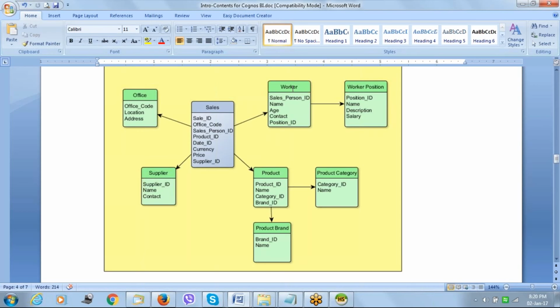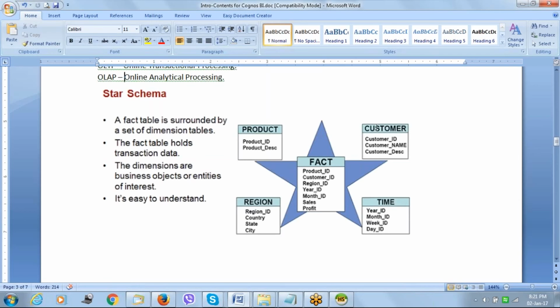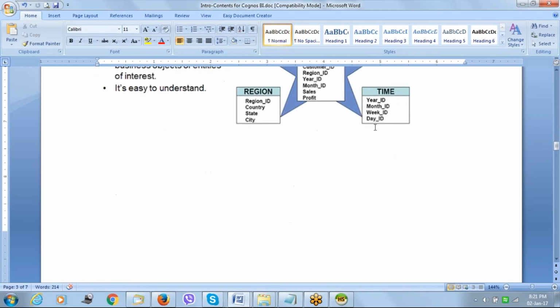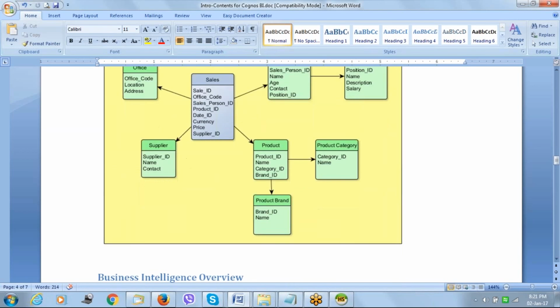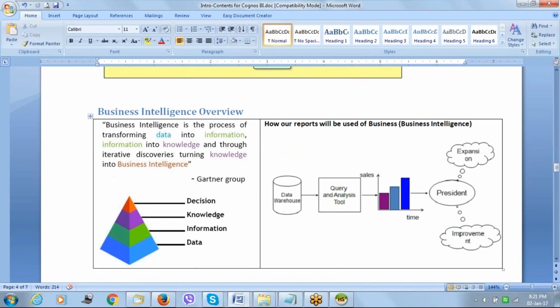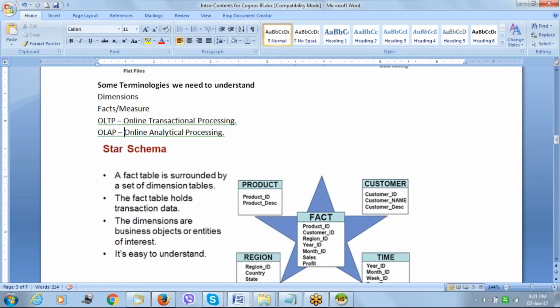Sales is a table, product is a table, all these are tables. Inside a database you will have multiple tables. If the structure of the tables is like this, then it is a snowflake schema. In a star schema, if the dimension has a sub-dimension, then it is a snowflake schema. That's it.